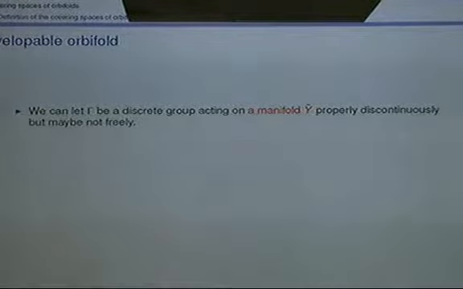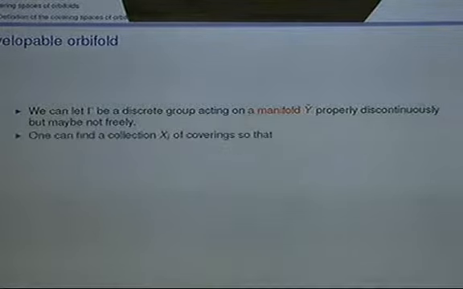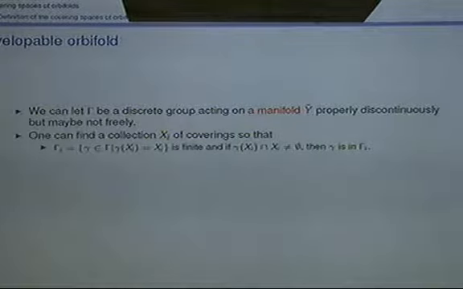By developable orbifold, I mean gamma acting on some space properly discontinuously, but maybe not freely, so it could have fixed points, and then we can find a collection of coverings that might intersect.